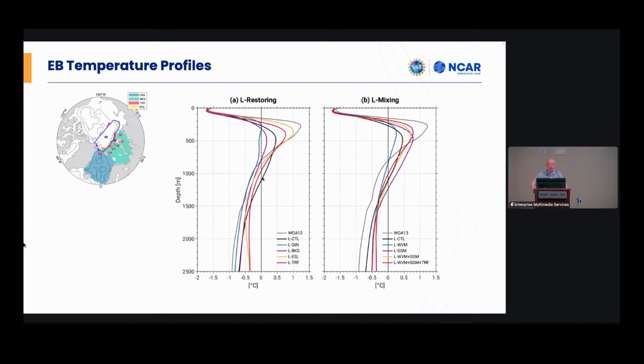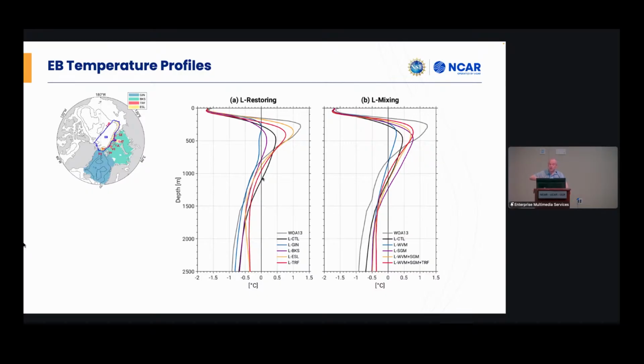These are now profiles showing impacts of restoring on the left. The gray line is the obs, the black line is the control. Two restoring cases, Gensi restoring and Barron-Karasi restoring cases, at least to me surprisingly, they degrade the solution substantially. Those are the purple and the blue lines that you see there.